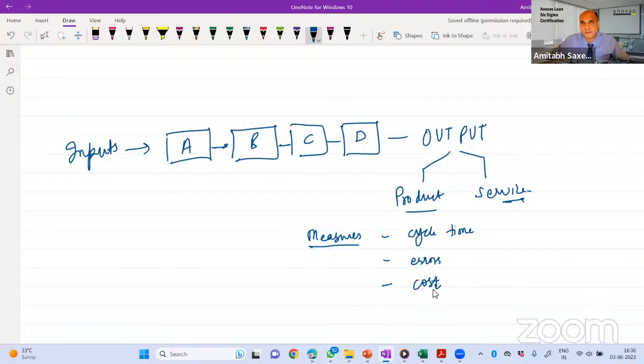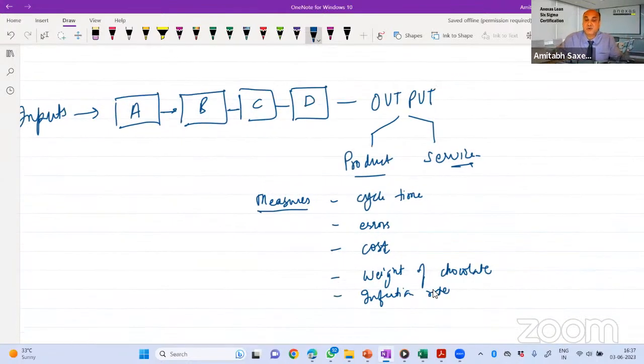Cost incurred to produce one unit of service or a product. Then there could be something very specific to your kind of industry. For example, if you are manufacturing chocolates, the weight of the chocolate could be one of the measures. If you are in a hospital, infection rates could be one of the measures.